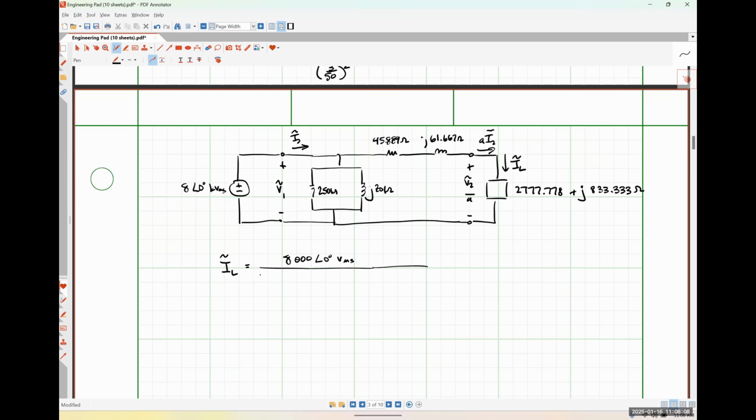And then in our denominator, we would have 45.889 ohms plus j61.667 ohms plus 2,777.778 plus j833.333 ohms here. And when I throw this into my calculator, give me a moment to do that, please.